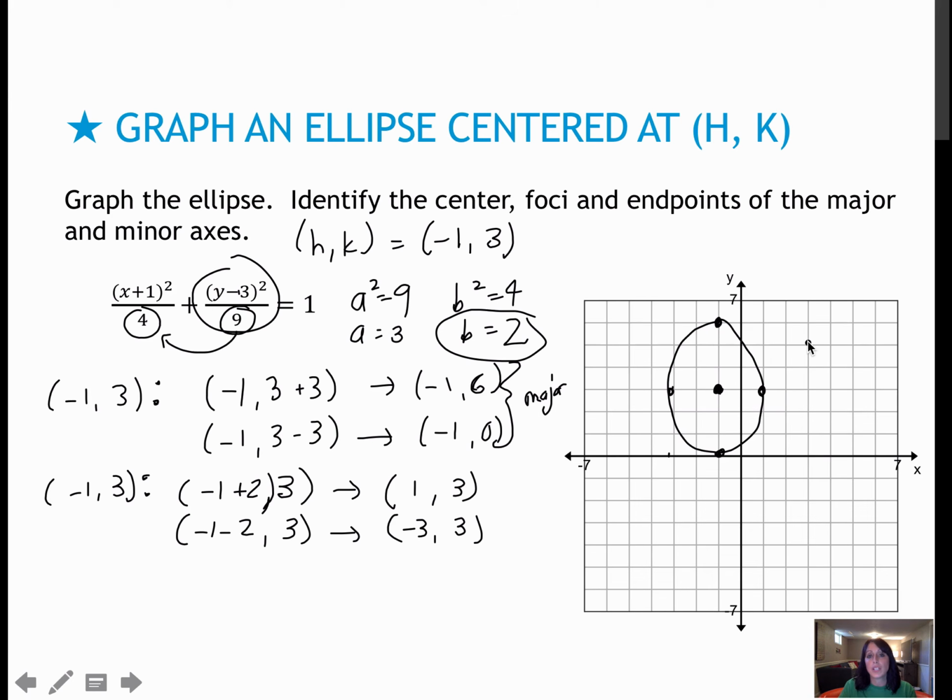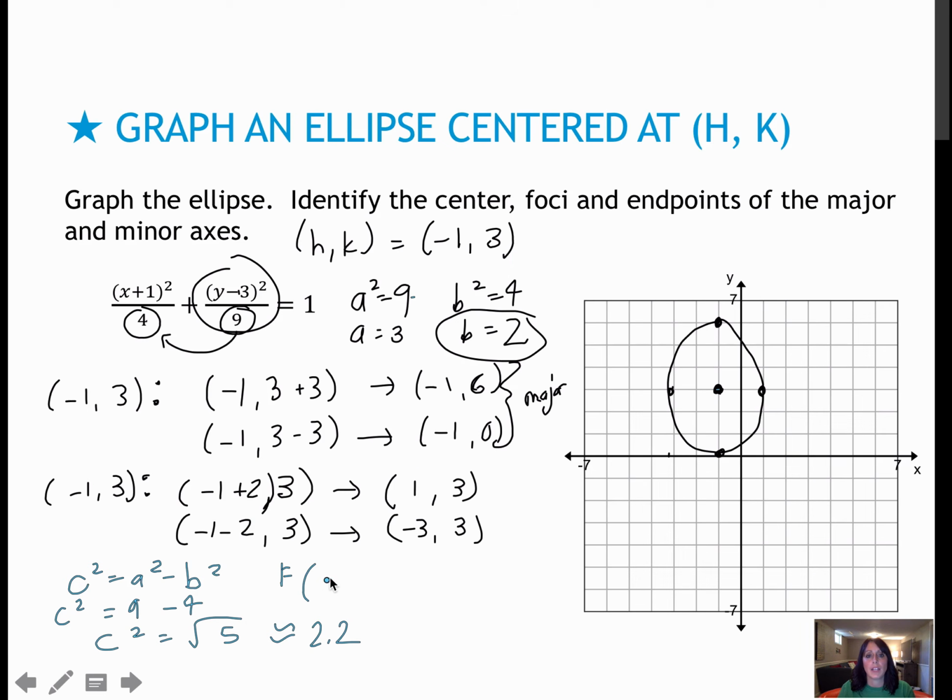To find the foci, we're going to say c squared equals a squared minus b squared, which means 9 minus 4, which means c is radical 5, which is about 2.2. So the foci, again, would be changing the y value from the center.